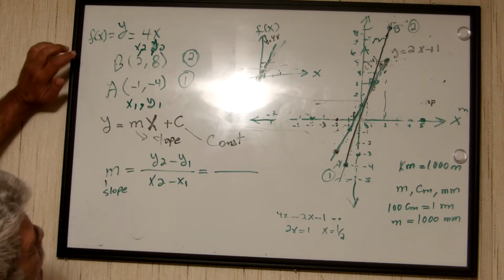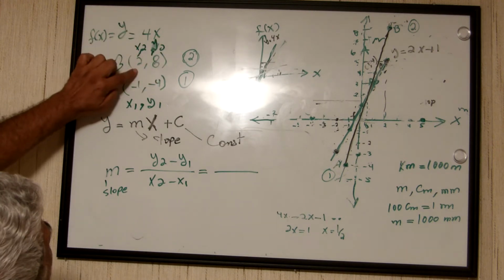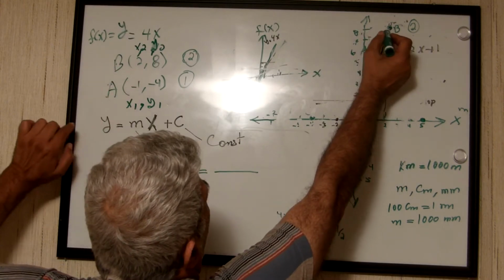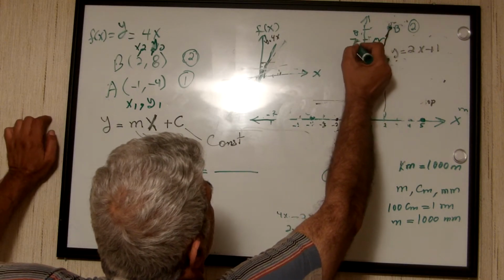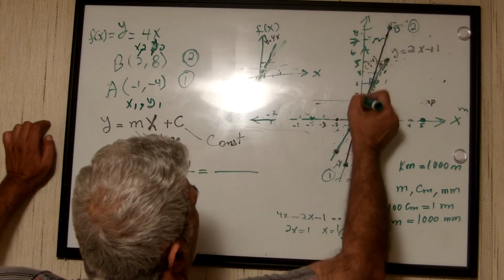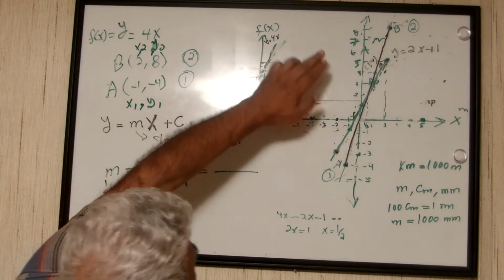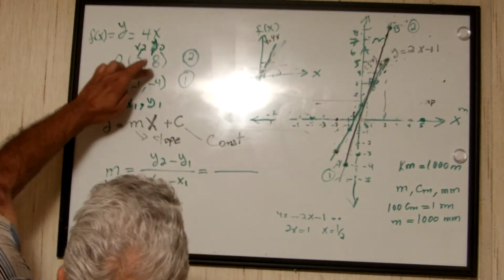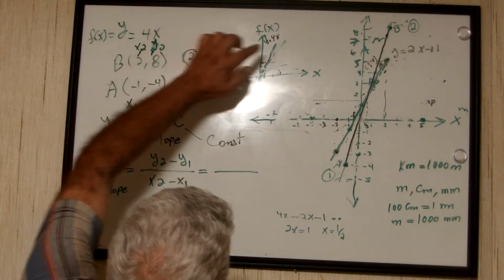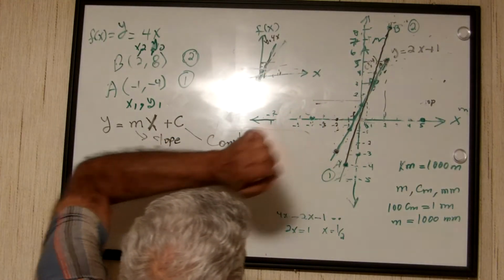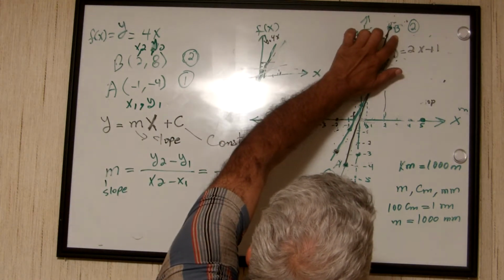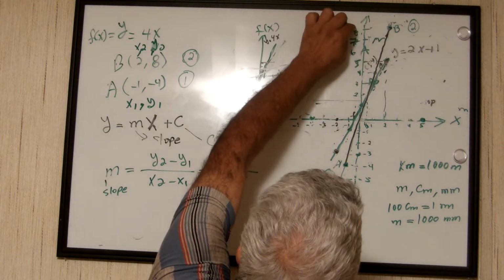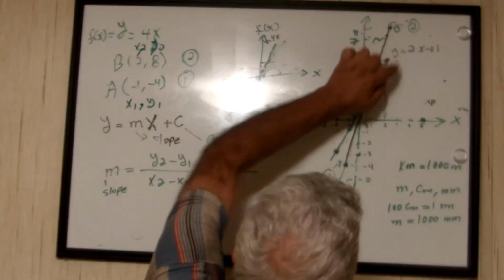Point 2 has x coordinate 2, and the y coordinate is 8. So it is (2, 8). We call this one point 2, and this one point 1. The y coordinate of point 2 is 8, and the x coordinate of point 2 is 2.